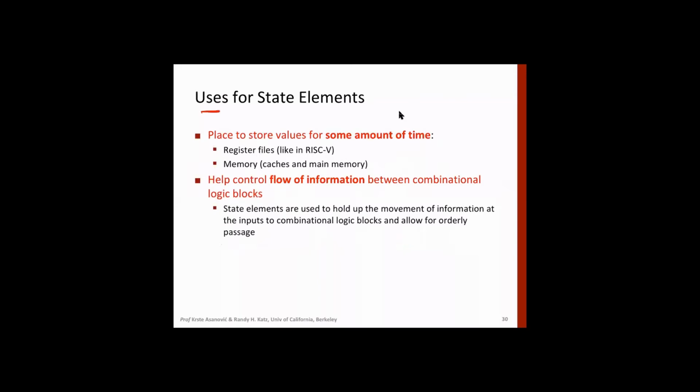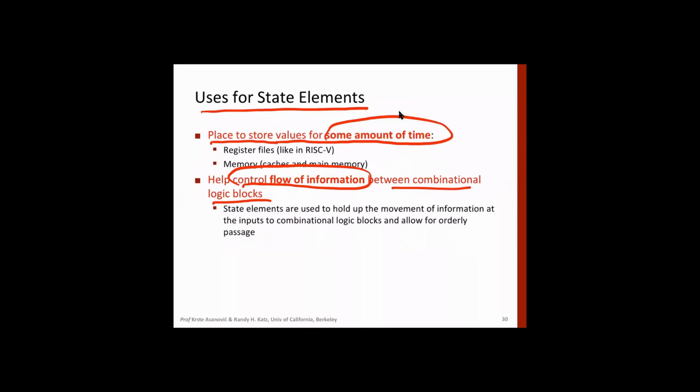So the use of a state element is that it is a place to store values for some amount of time. And it helps in controlling the flow of information between combinational logic blocks. Otherwise, combinational logic will keep doing things and there is no way to control them, right?